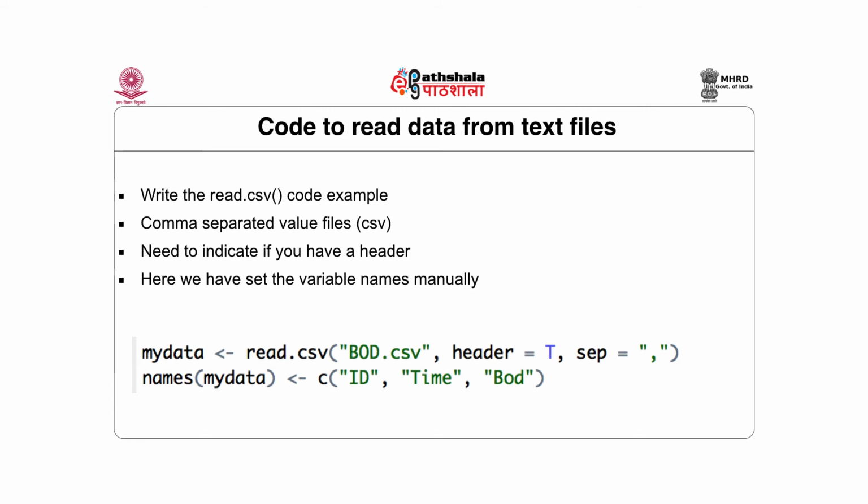But reading that CSV file, you do not want to waste it, because you would like to really save the contents of that function into an object, which is mydata in this particular case. And you save that into the object mydata, which is like the data which you are then going to manipulate. And you have to specify certain things. The most important thing that you need to specify is you need to tell R that, look, R, it has got a header data here.